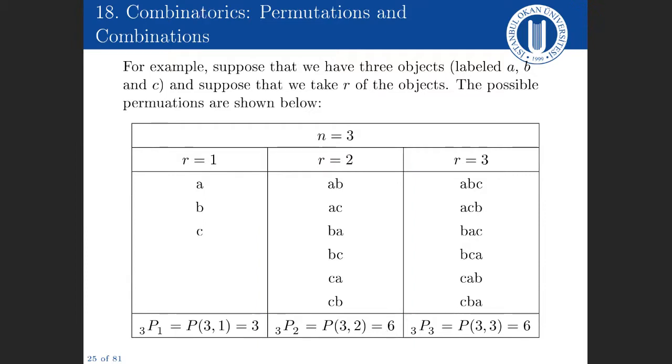And finally, how many different ways can we permute all 3 of the objects? Here they are listed: ABC, ACB, BAC, BCA, CAB, CBA. 3P3, 3 permute 3, is equal to 6.